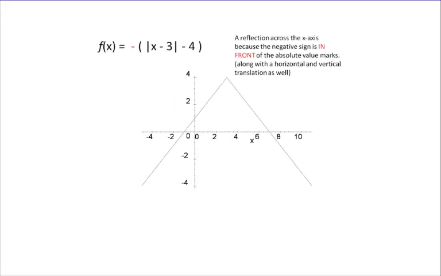If the negative is in front of the entire function, then it is a reflection saying that all of the positive inputs of that function are now negative inputs. If I distributed that negative, I would have the opposite of this function translated 4 units up in the plane.